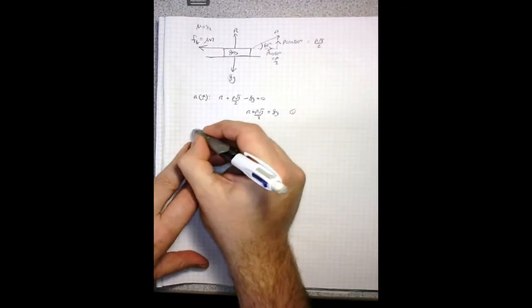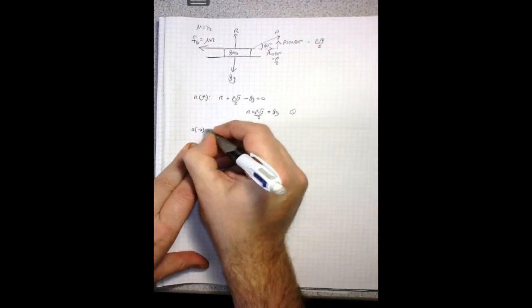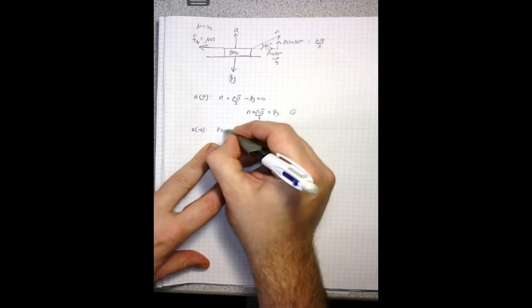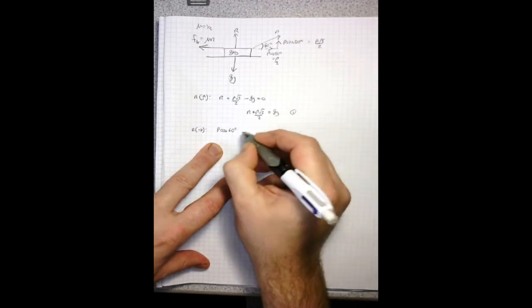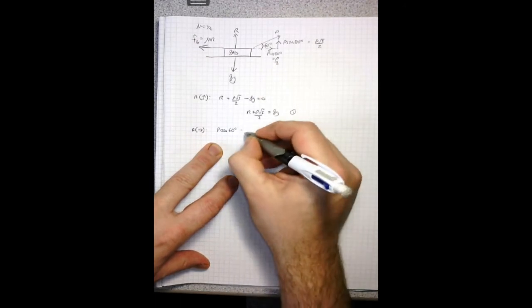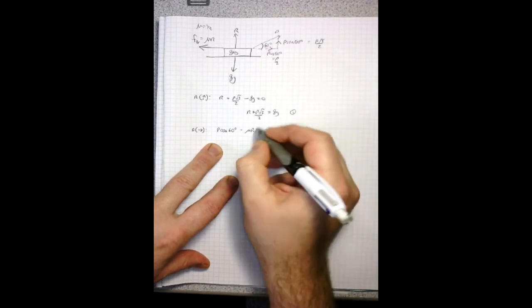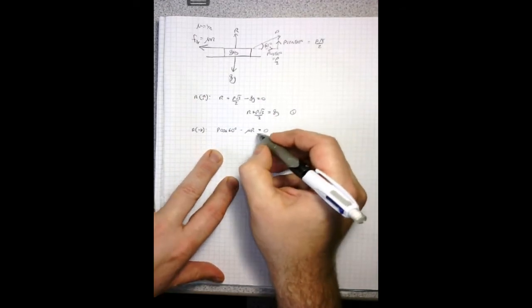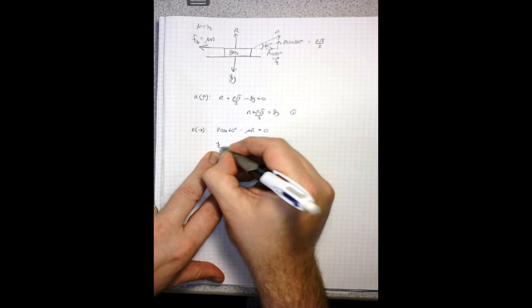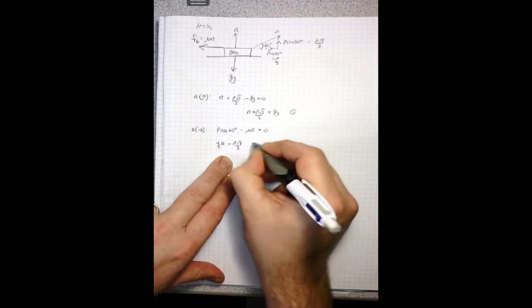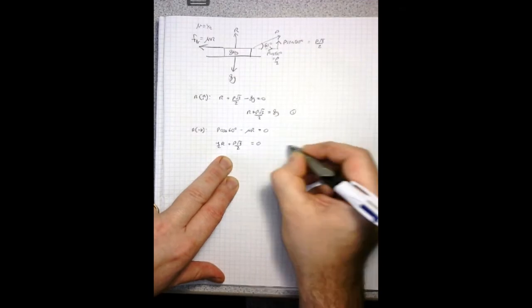The other equation comes from resolving horizontally. I've got P cos 60 minus mu R equals 0. So let's put it in the form that the calculator likes. Minus a half R plus P root 3 over 2 equals 0.